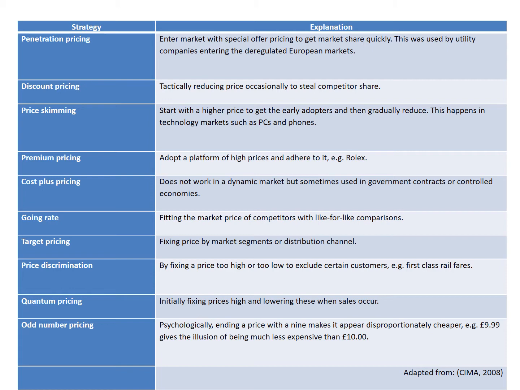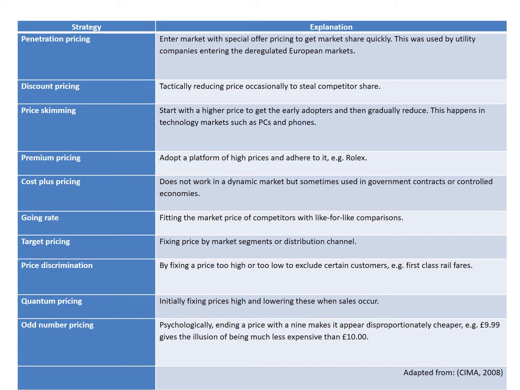Now, after setting the price, organizations will use different pricing strategies. Given here are some pricing strategies that they use for their products in the market. Number one is penetration pricing. Penetration pricing means you set the price in such a way, with some special offers, in order to grab the market more quickly.